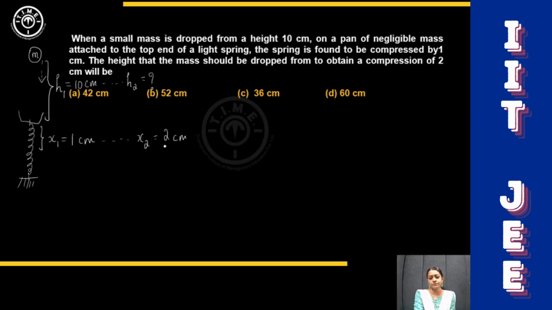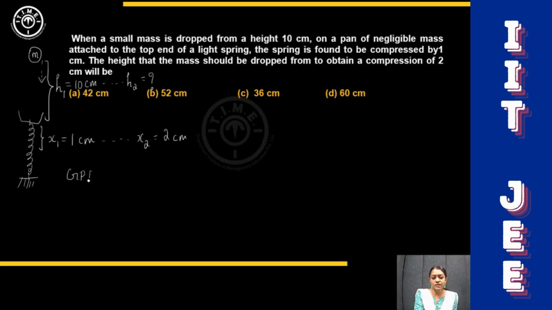That is the question. So here also we have to apply the energy conversion principle. So tell me, what is the energy conversion taking place here? We are dropping a certain mass from a certain height, and when it is falling onto the pan which is attached to the top of the spring, the spring is getting compressed because of the weight of that falling mass. Of course the mass is initially having a certain gravitational potential energy, right?